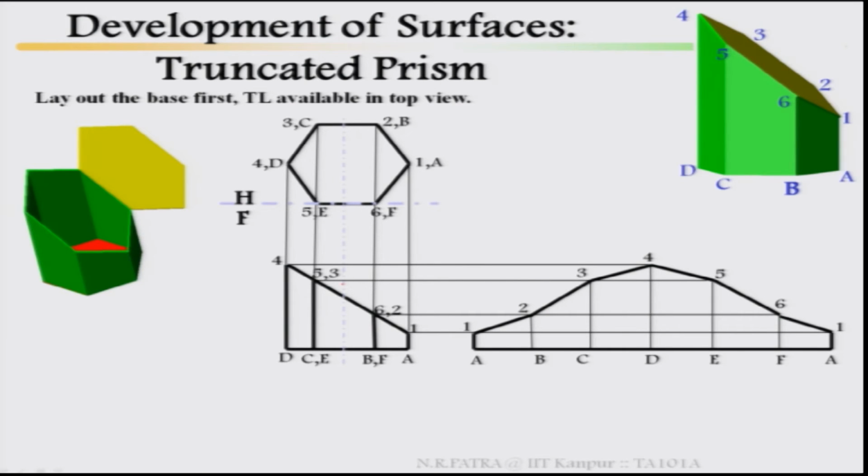So, the only thing is that this is inclined, this part's true length has to be found out, otherwise the base is parallel to your hinge, that is in the true length.